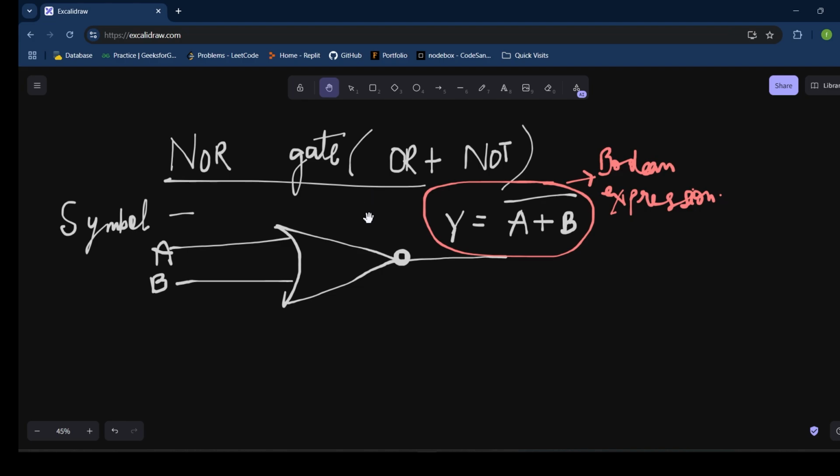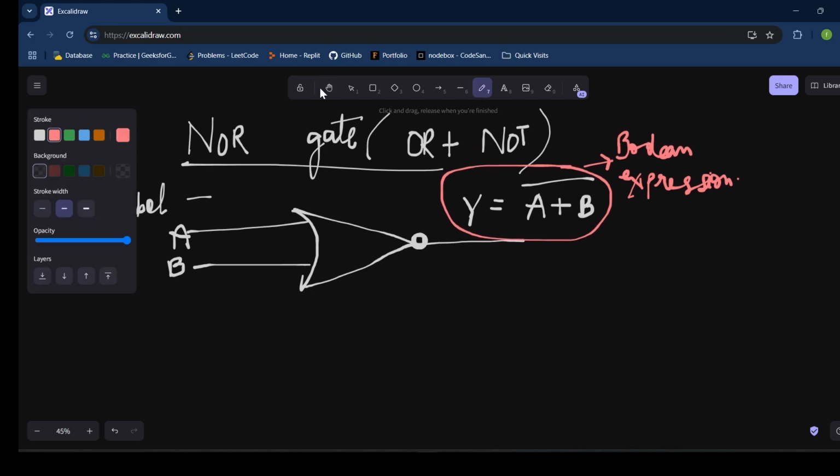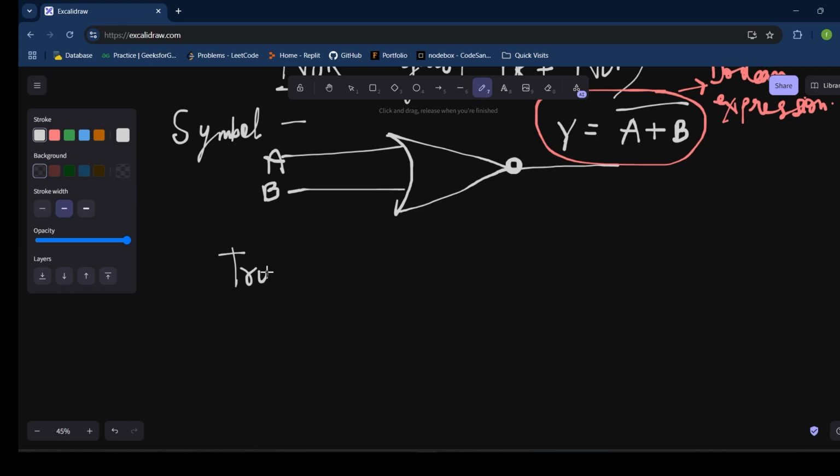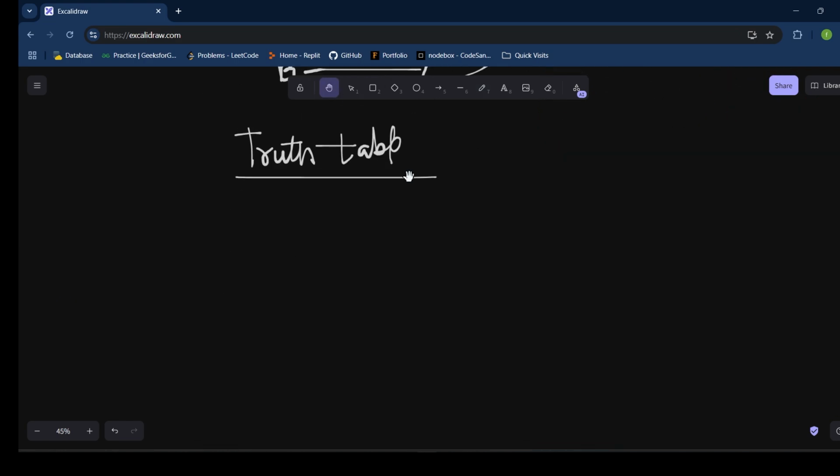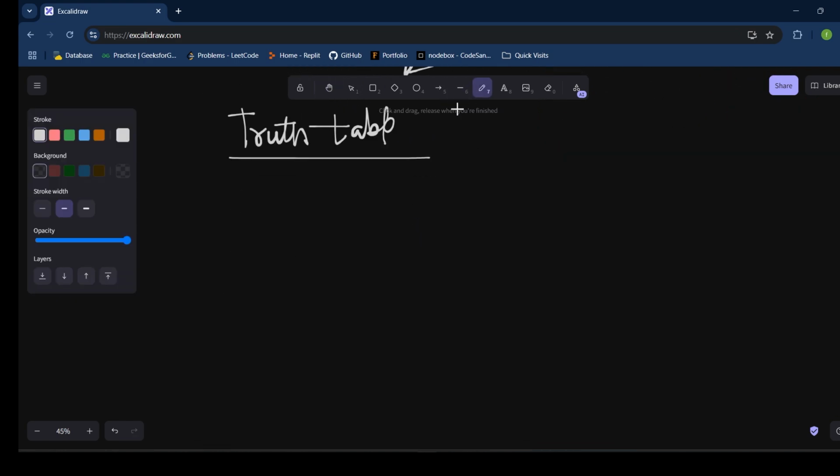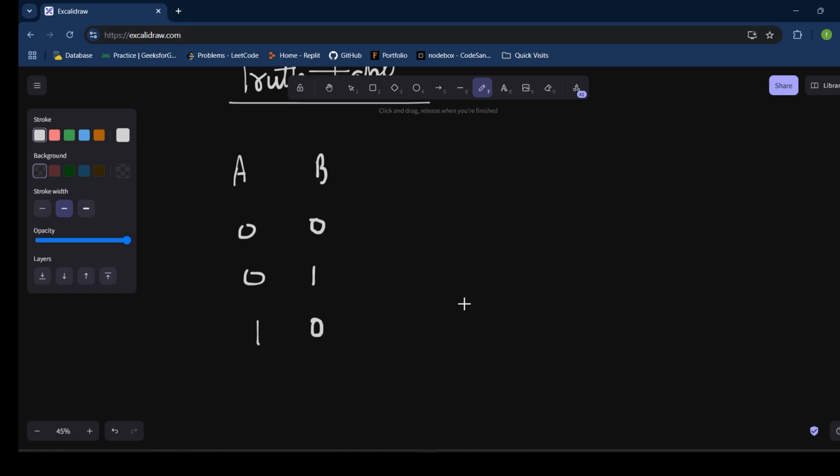Then we can have the table for this. Again 2 inputs A and B with combinations as 0 0, 0 1, 1 0, and again 1 1.